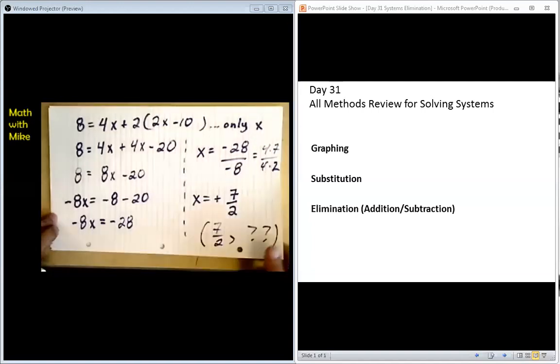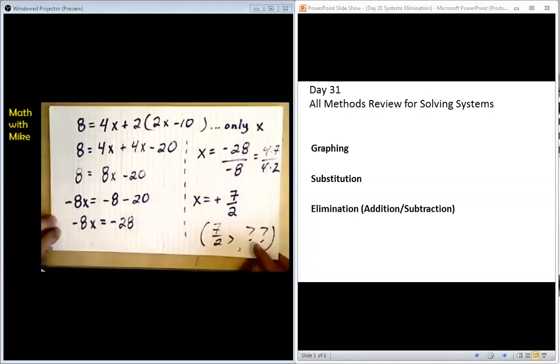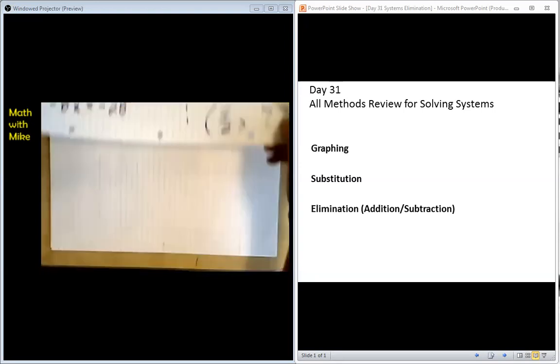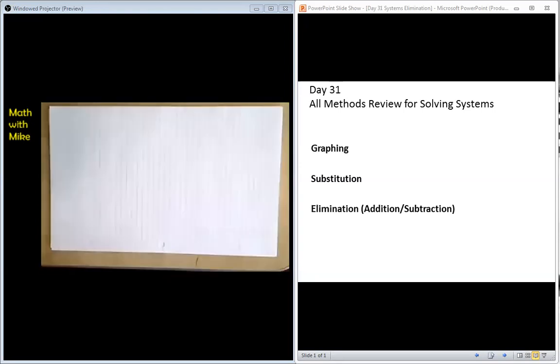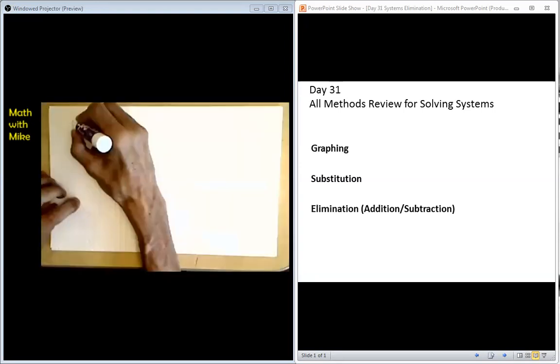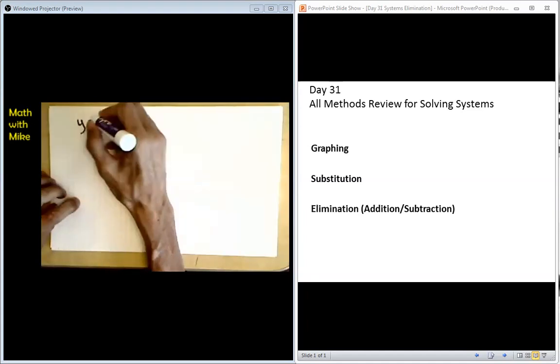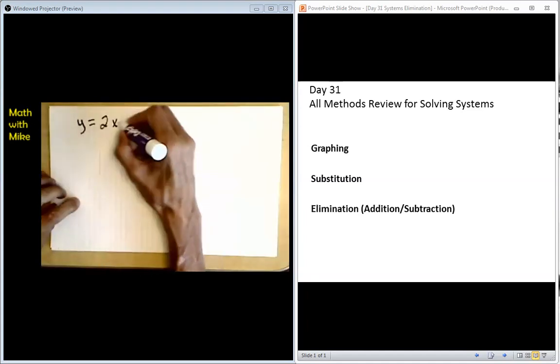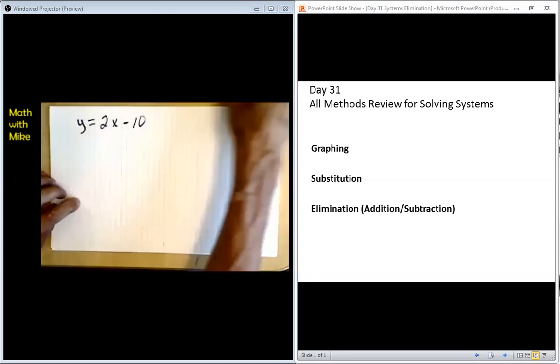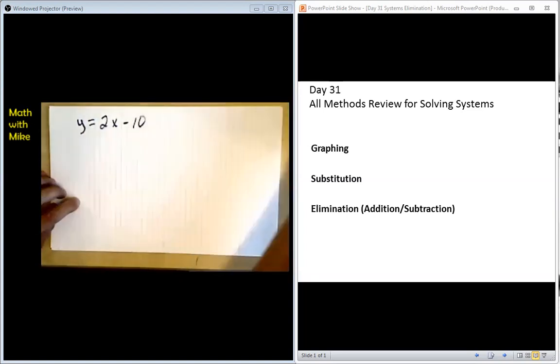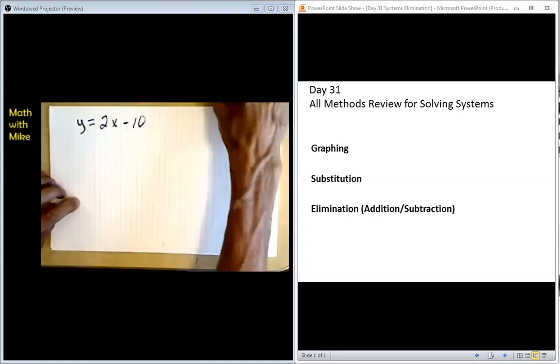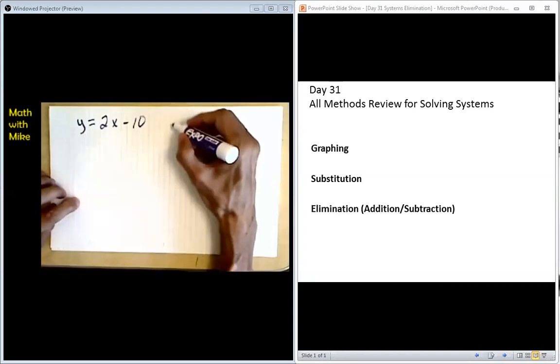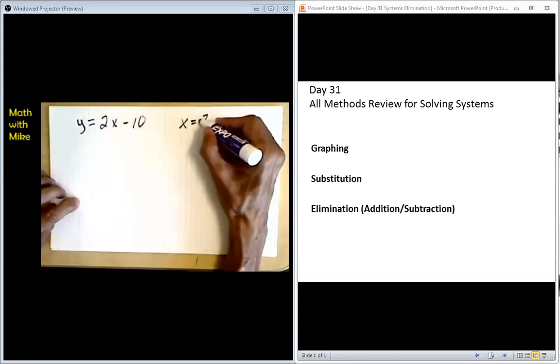All right, so we're going to find y now. When you go back and take a look at your notes, we had originally y is equal to 2x minus 10 as one of the equations, and we found that x is equal to 7 over 2.